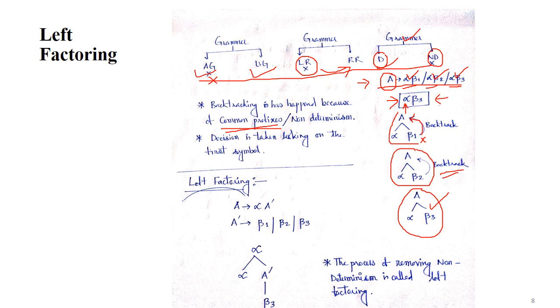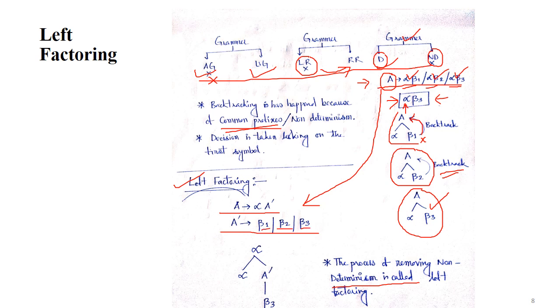There is a concept called left factoring, through which we can remove the non-determinism. This is my original grammar, and if I want to generate the deterministic version of that grammar, then I can write like this: A equal to alpha A dash. Then it is the responsibility of A dash to generate the rest of the productions. Here I can write beta 1, beta 2, and beta 3.